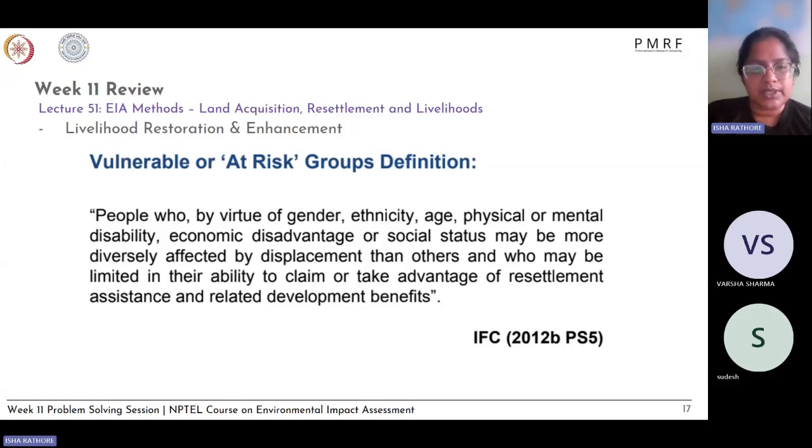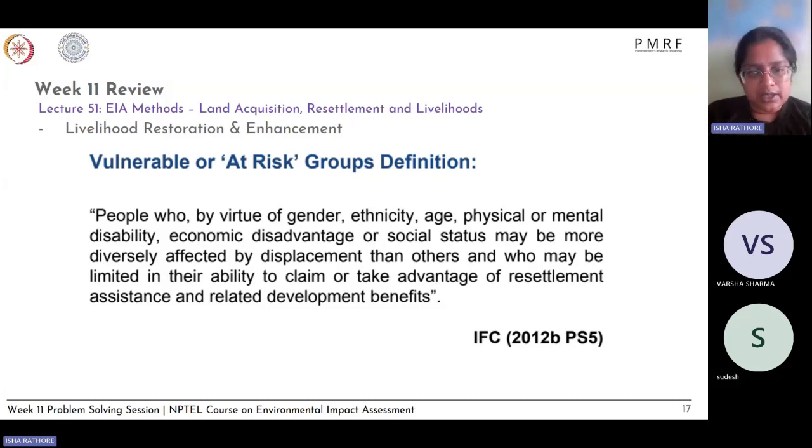Any sort of development or resettlement activity is going to be especially hard for these kinds of people because they would have made their own patterns and daily activities or schedule for their particular location, but they have to make all of those patterns again at this new resettlement location. So it's going to be especially hard for them.